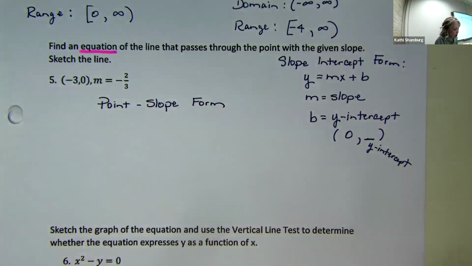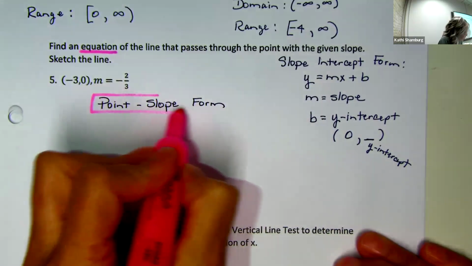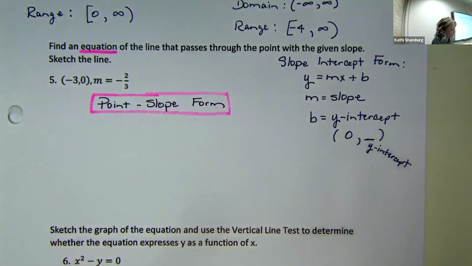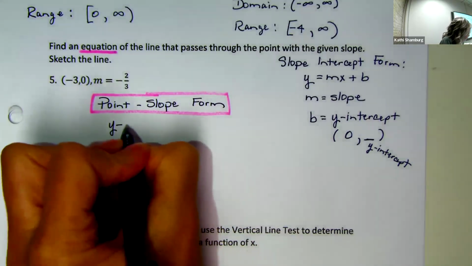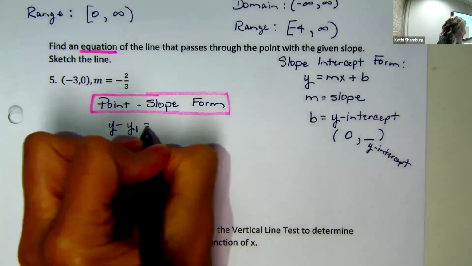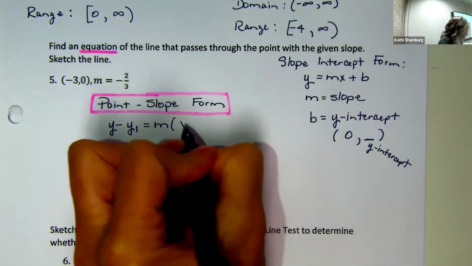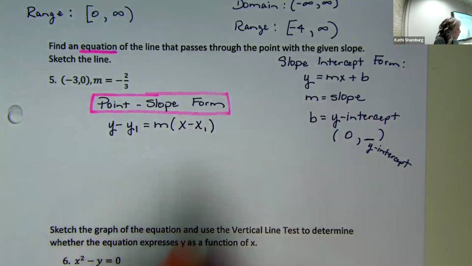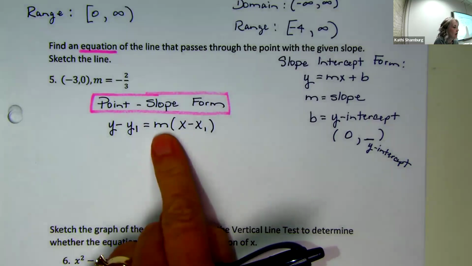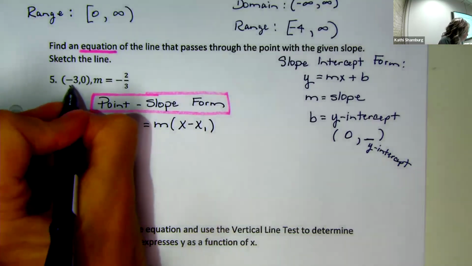All right, so point slope form is what we're going to use. Let's recall what that is: y minus y1 equals m times x minus x1. Here's your slope, and x1, y1 is this ordered pair.